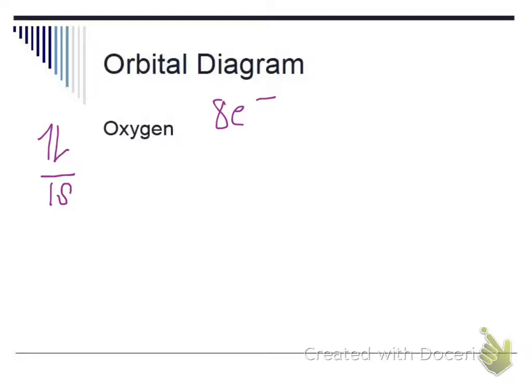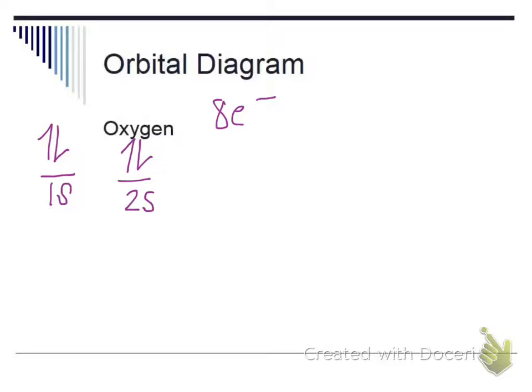After we finish period 1, what comes after 1s? 2s. How many electrons? 2. Now I have 4 out of my 8. I still have 4 electrons to put in.